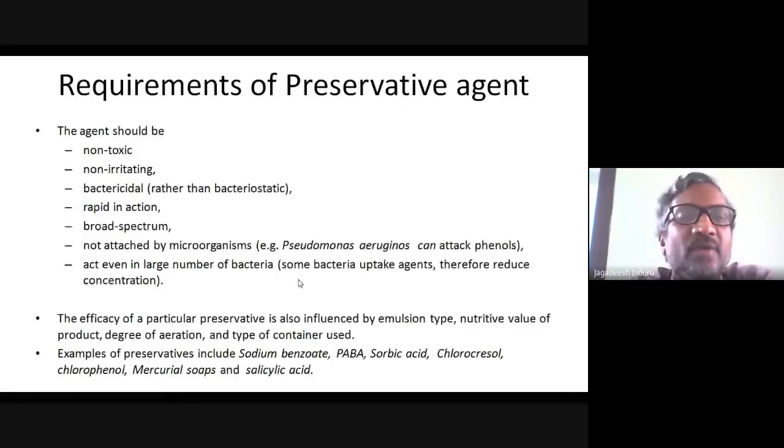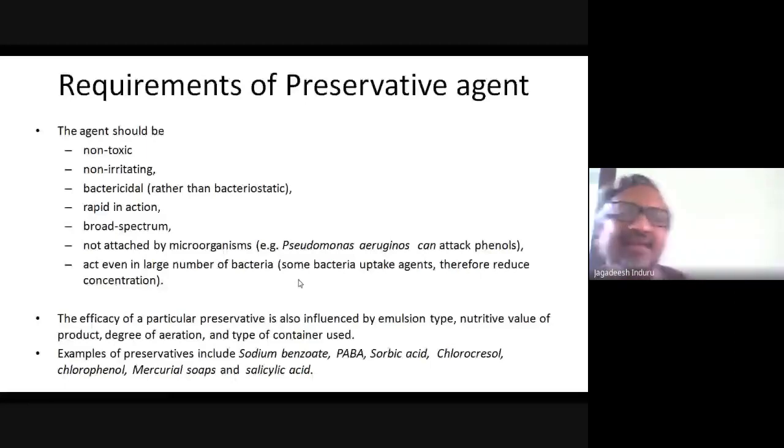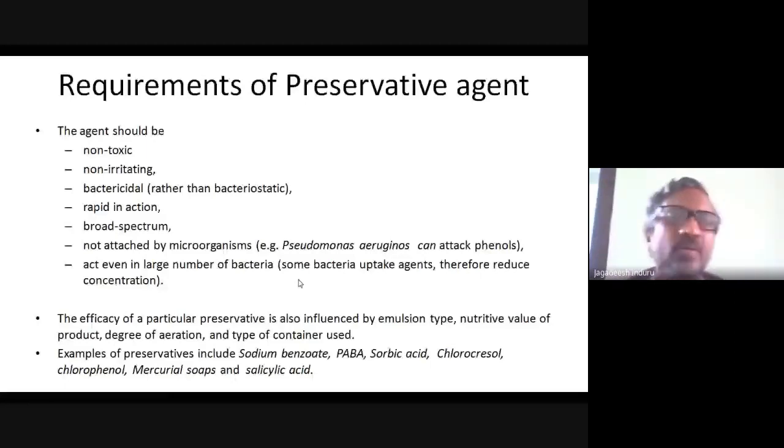The action needs to be very rapid in nature. Before the bacteria multiply, it should act, and it should be broad spectrum, acting on bacteria, fungi, and gram negative and gram positive organisms also. The preservative should not be affected by the microorganisms. We are using the preservative to kill the microorganisms, but some microorganisms have the capacity to degrade the preservatives also.